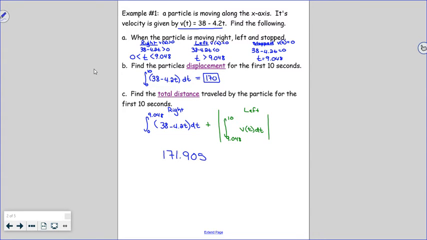Okay, so again, I'm going to make this one positive by taking its absolute value, which, comparing it to my displacement, I know that this was 1.905, right? I know that because we would have subtracted this and gotten to 170. So now I do add those together. 173. Yeah? Did my mental math correct there?